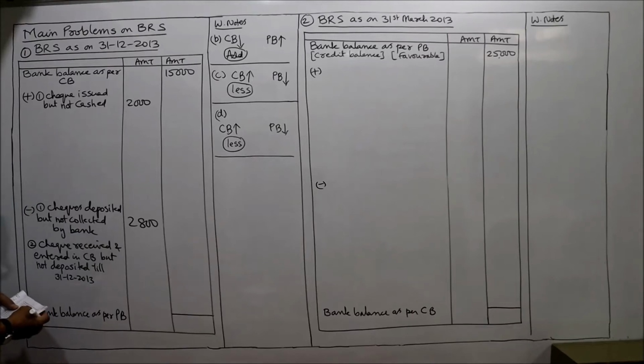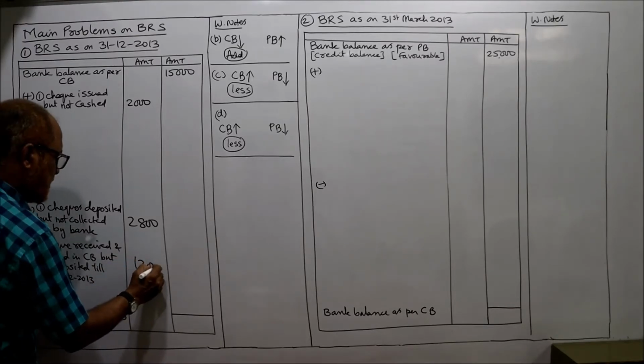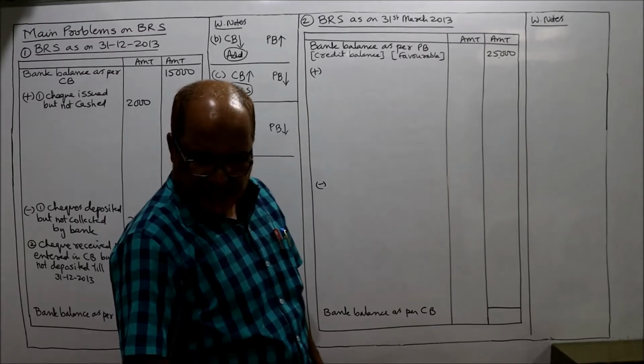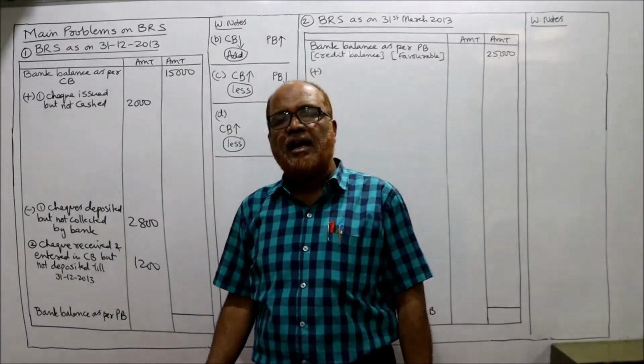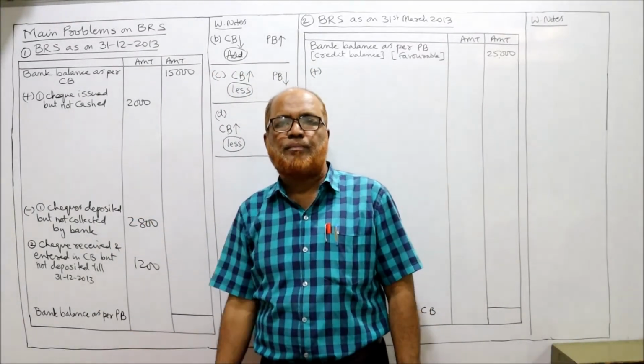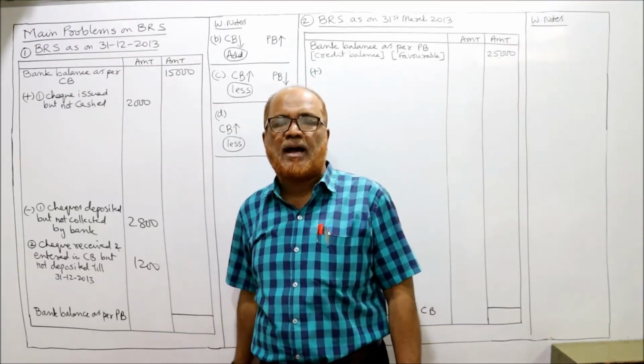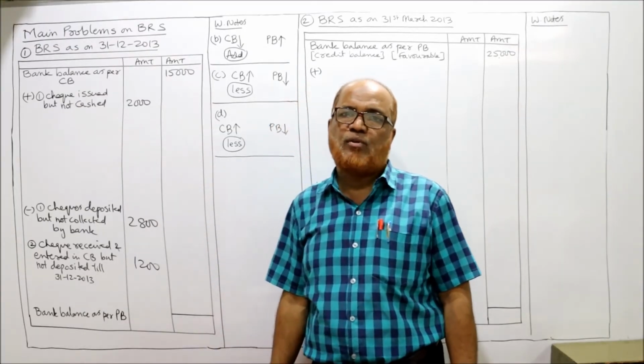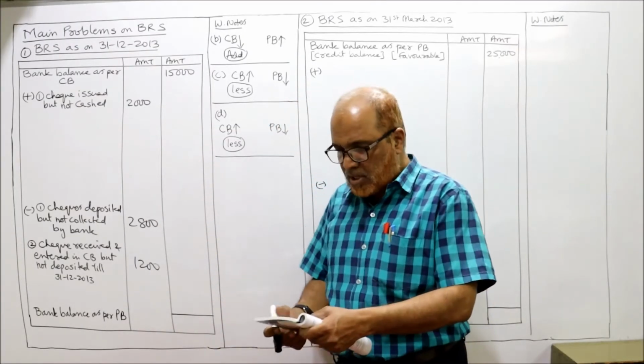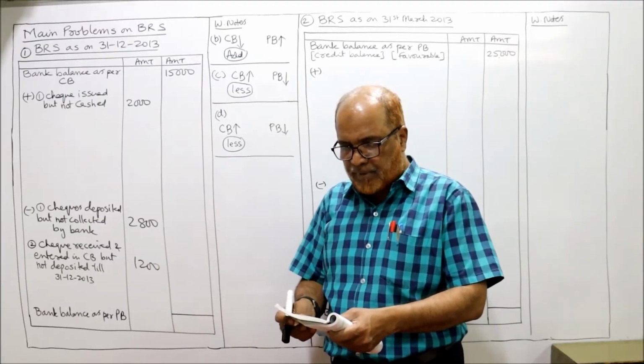How much was the amount? 1200. Check received and entered in the cash book but deposited in the bank in the month of January 2014, after 31st December. So the last item, one more item is there.